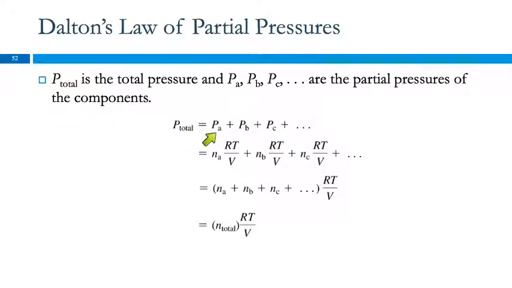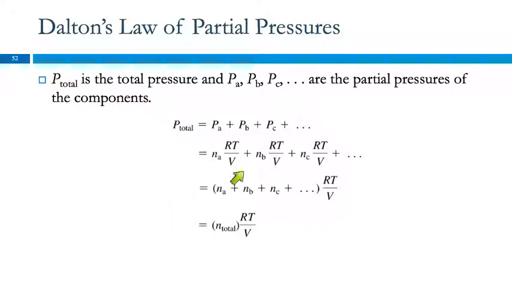Total pressure equals partial pressures of A plus B plus C. So we can have an equation for the partial pressure of gas N or gas A. That's the moles of A times RT over V, plus the moles of B times RT over V, plus the moles of C times RT over V. And we can factor out the RT over V and have the sum of the moles times RT over V equals the total pressure.